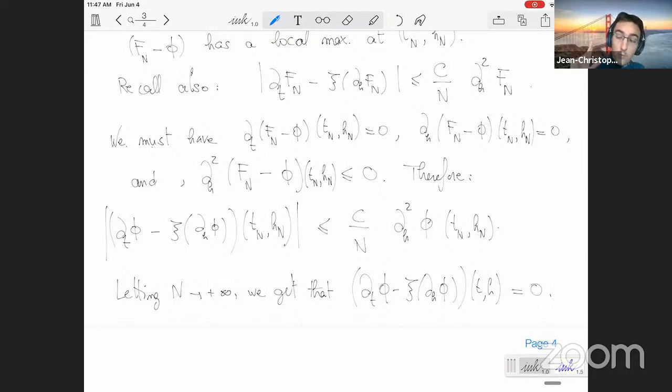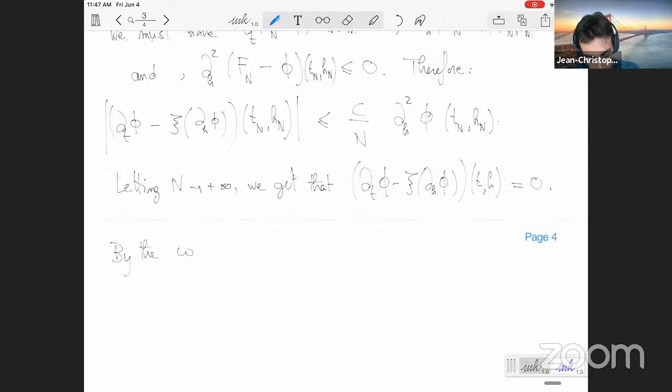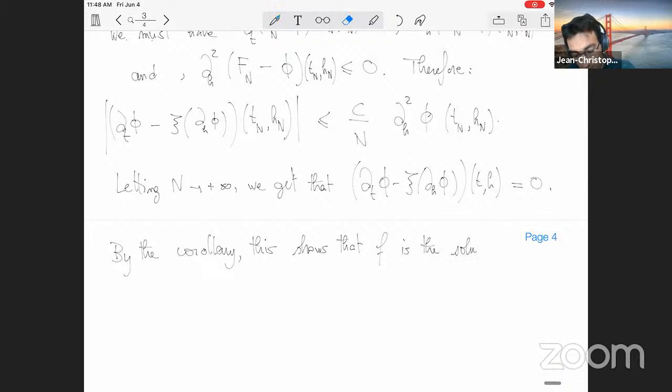So to summarize, we have shown that, by the corollary, f is the viscosity solution.